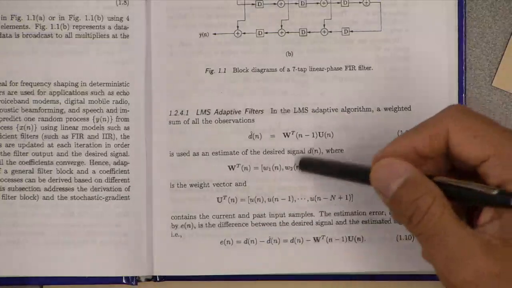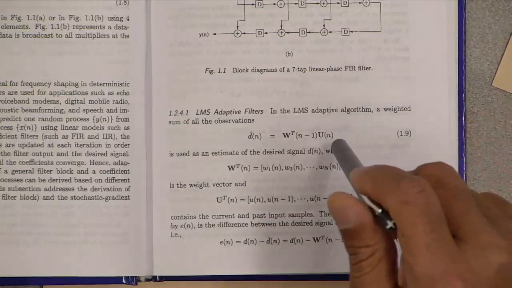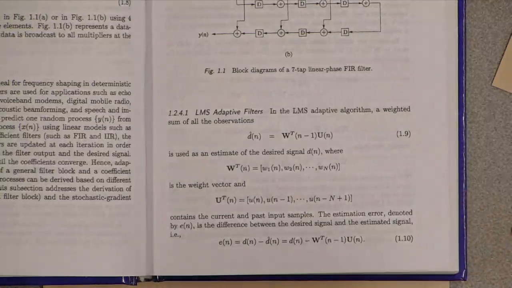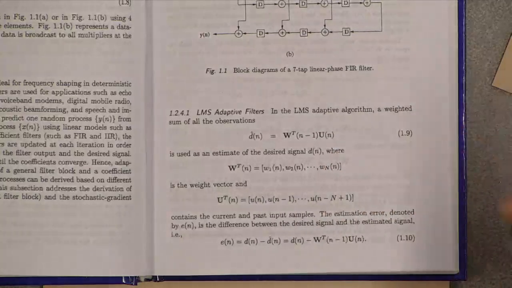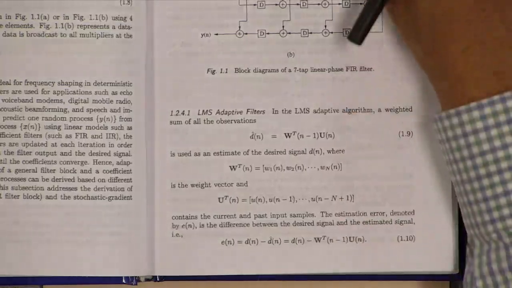There's a small derivation here. If we have the input process u(n) and we filter that with the weight parameters w, then that inner product w transpose u is the estimate of the desired signal, d hat.